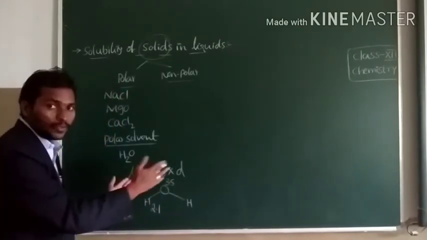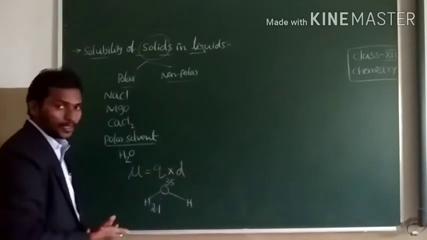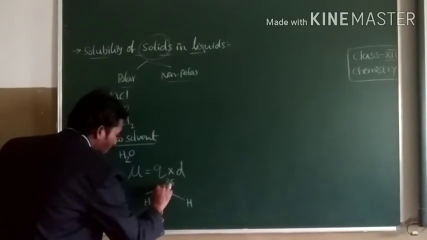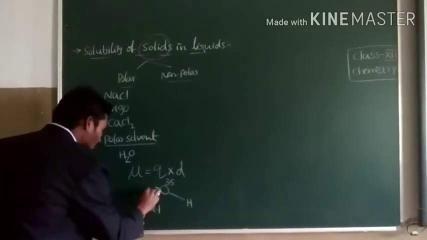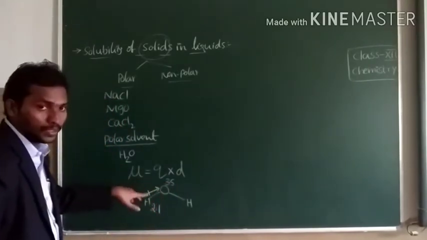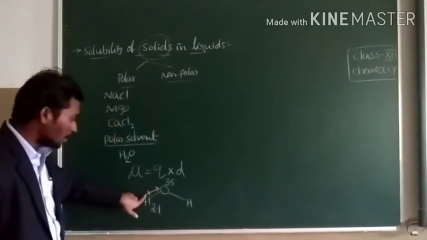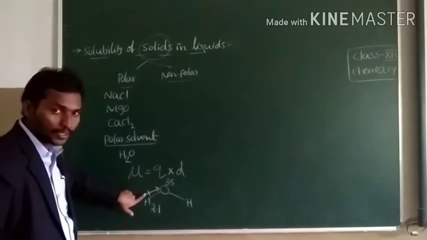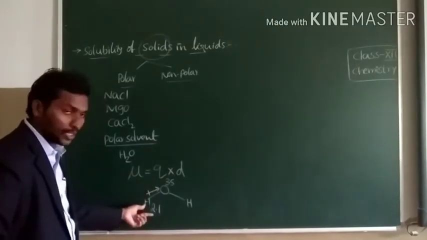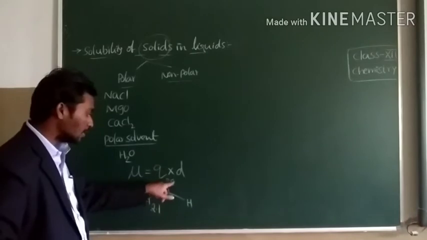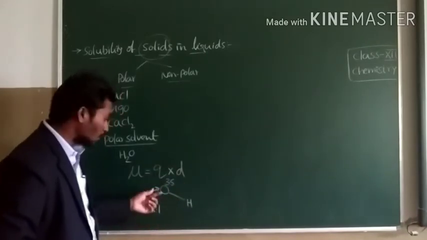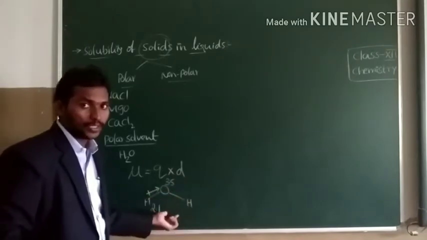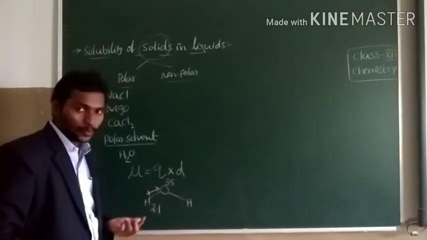That's why different charges develop on the atoms. It is denoted by an arrow mark with a tail. This is the tail of the arrow and this is the head. The tail indicates the element with low electronegativity and the head indicates the element with high electronegativity. That means electrons are shifted towards the high electronegativity atom. This phenomenon is known as dipole moment.